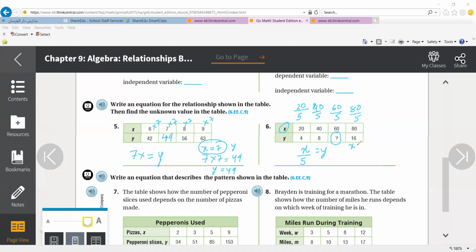If I put x equals 60, that is 60 over 5. What is 60 over 5? 12.